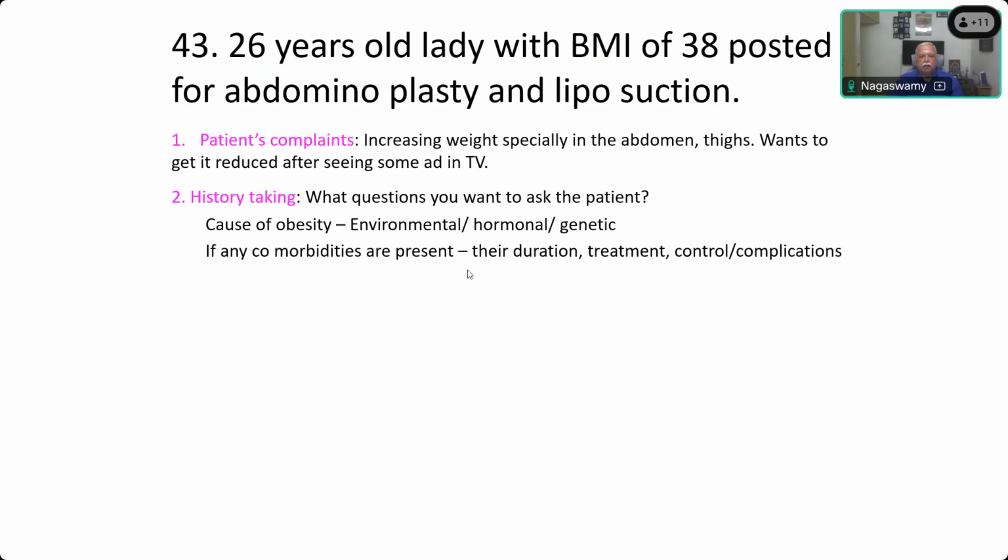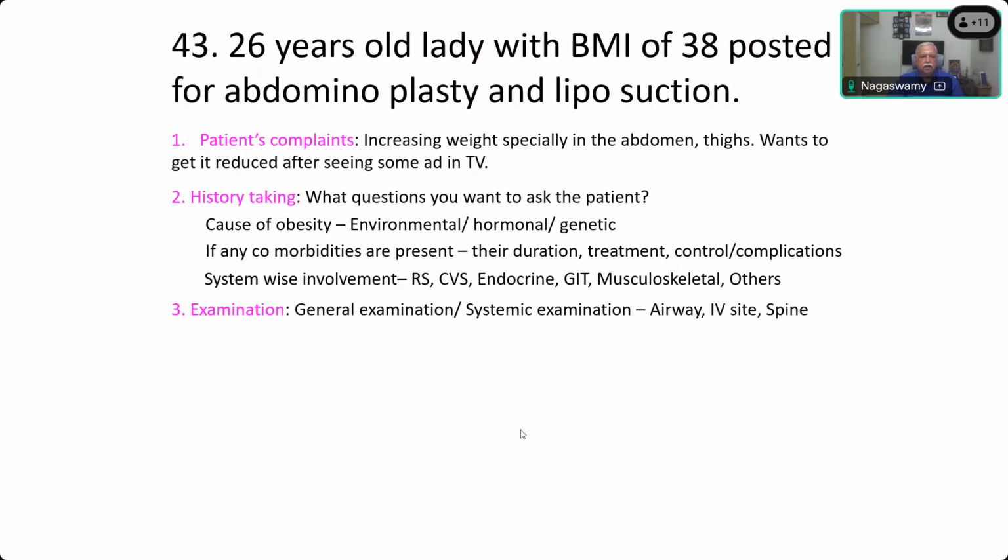And if they have other comorbidities, ask their duration, treatment, whether it is under control or whether they have complications or target organ dysfunction because of that. Then examine the patient system wise. Start with the respiratory system, especially the airway. Go to the cardiovascular system. Look at the endocrine system, the GIT, musculoskeletal, and others.